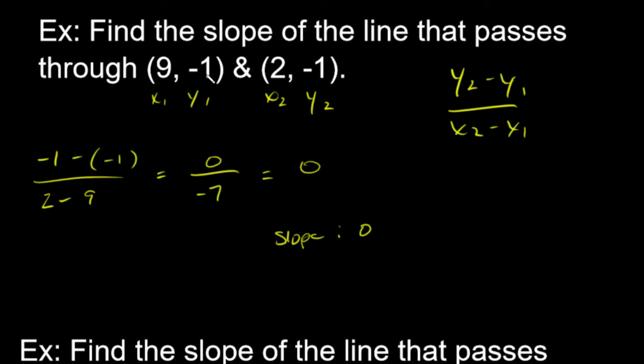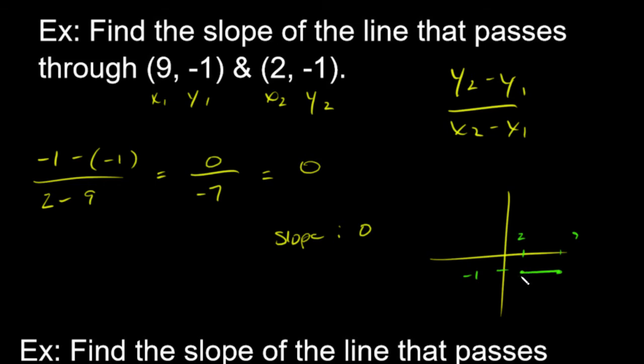And it should make sense because if you plotted these on a coordinate plane, your first point is at 9 comma negative 1. So that's like way over here, and then negative 1, so maybe right there. So that's 9 and negative 1. And then your next point is at 2, negative 1. So it should make sense that you have a horizontal line here.